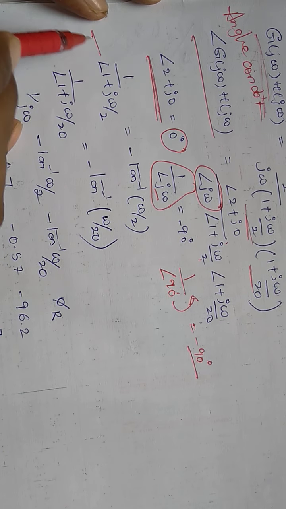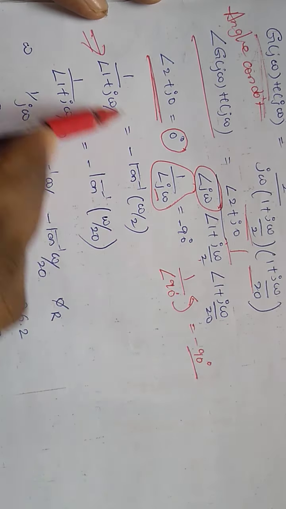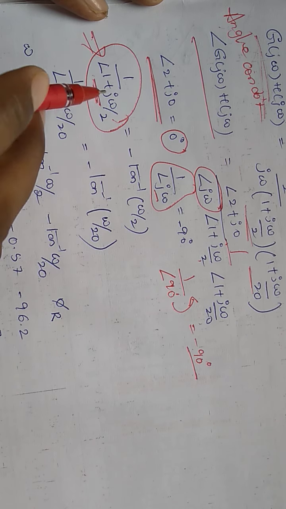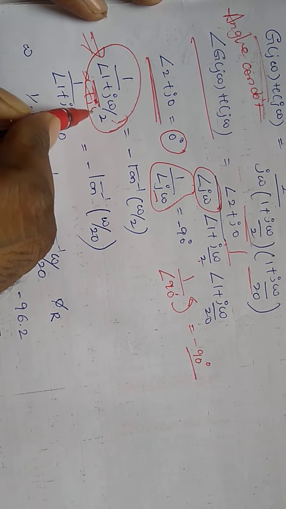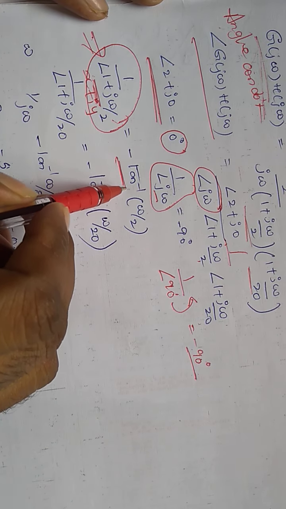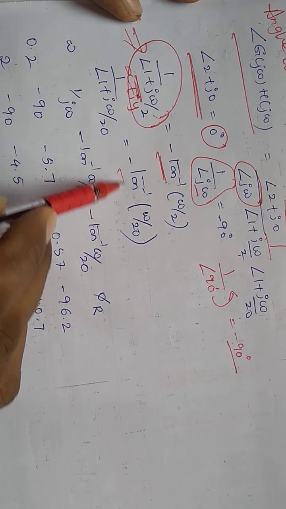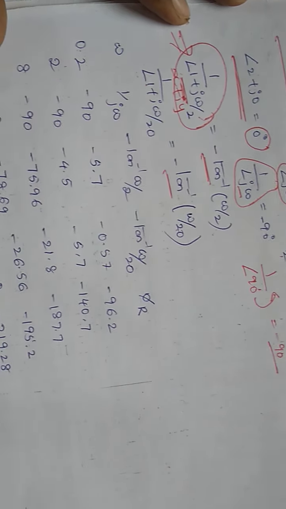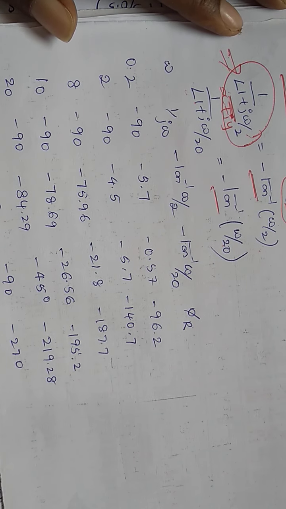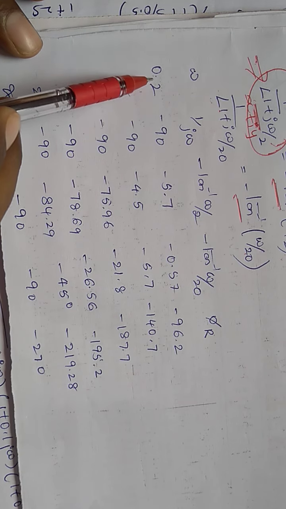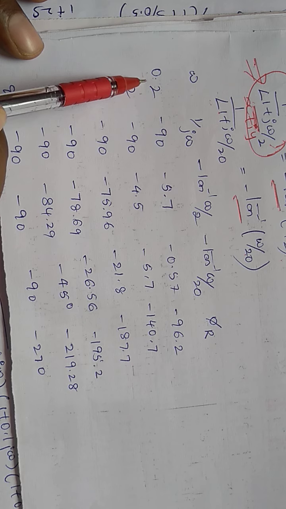Then consider the second factor, 1 over 1 plus j omega by 2. This is in the form of x plus iy. We can use the trigonometric relation, it is minus tan inverse of omega by 2. Then for the next factor, minus tan inverse omega by 20. Here we have to calculate the corresponding corner frequency and phase angle. Let us start with 0.1 or 0.2.